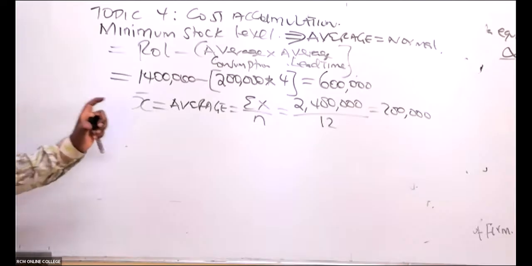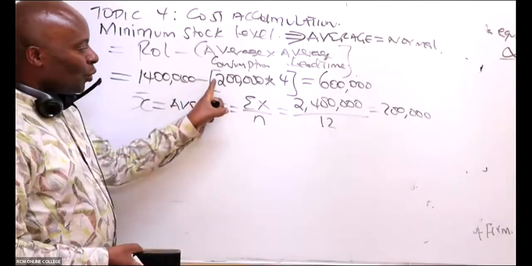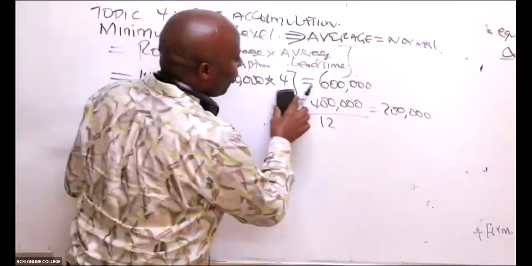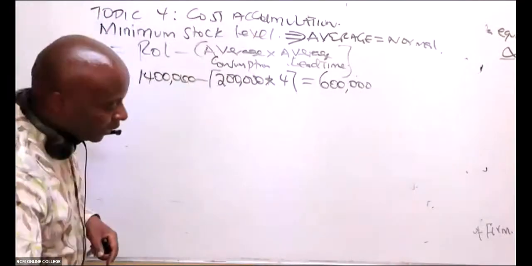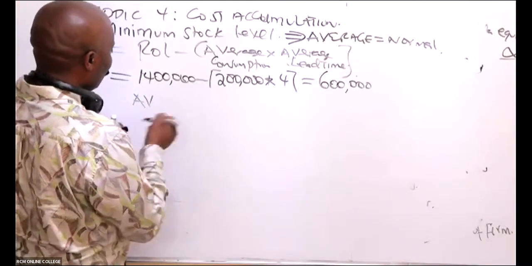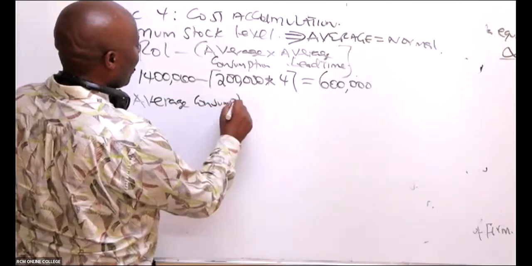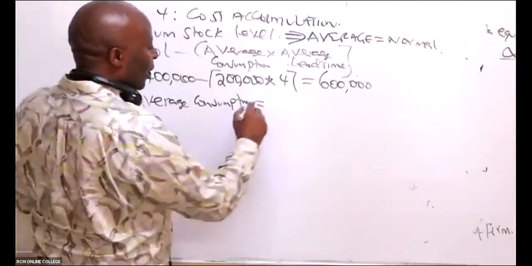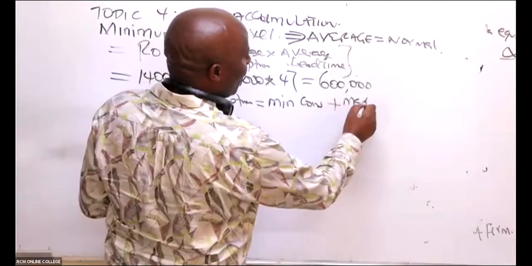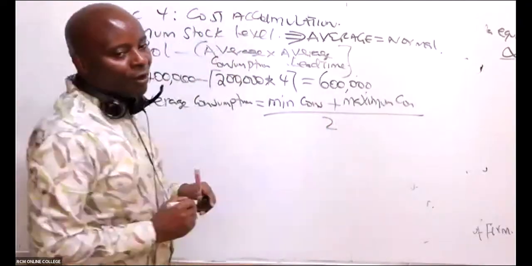If you look at the marking scheme given by CIFA, you'll see them giving us these two methods. You'll get another method where the examiner will say that the average consumption equals minimum consumption plus maximum consumption, divided by 2.